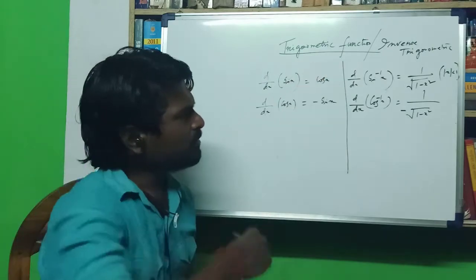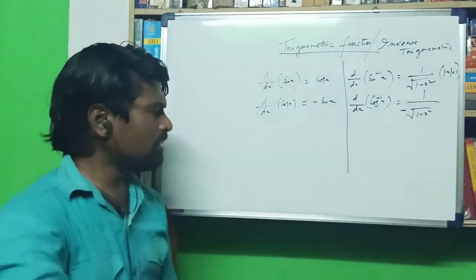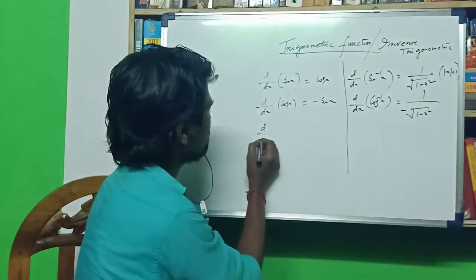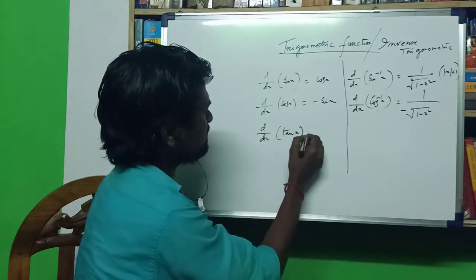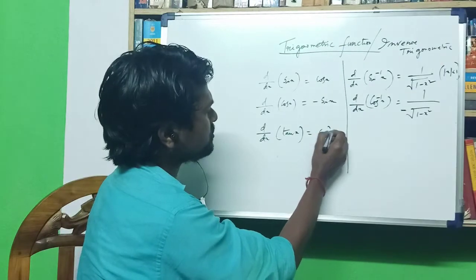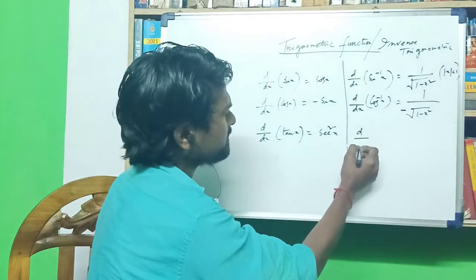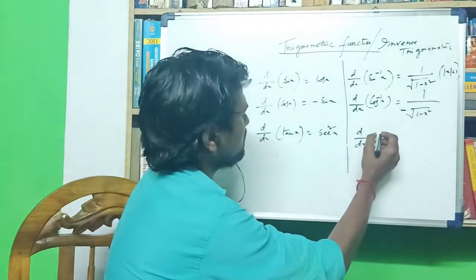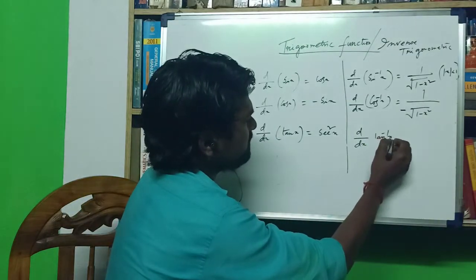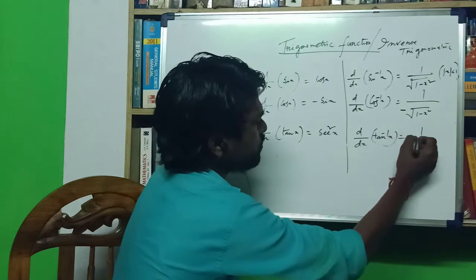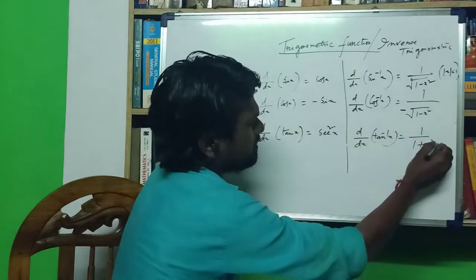So again mod of x is less than 1. d/dx of tan x is equal to sec square x, but d/dx of tan inverse x is 1 by 1 plus x square.